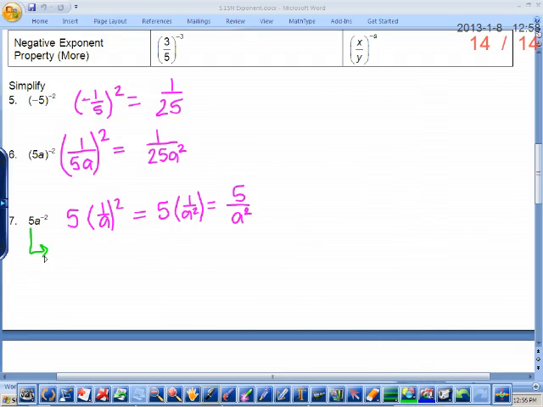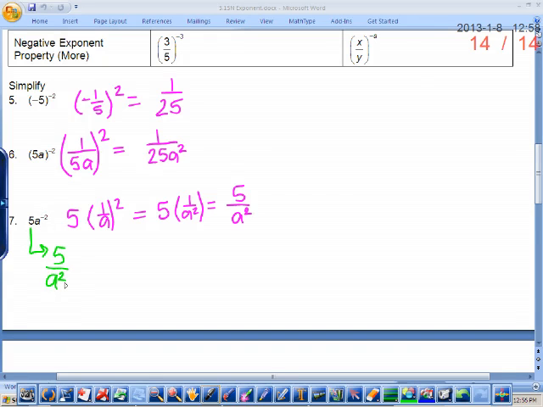One other way you could think about this is, remember I told you that another way to make that exponent positive is to move it to the opposite part of the fraction. So right now, at the beginning, a to the negative 2 is in our numerator. So in order to make that exponent positive, I can move it to the denominator. So I keep 5 where it is, but I take a to the negative 2 and move it to the denominator.